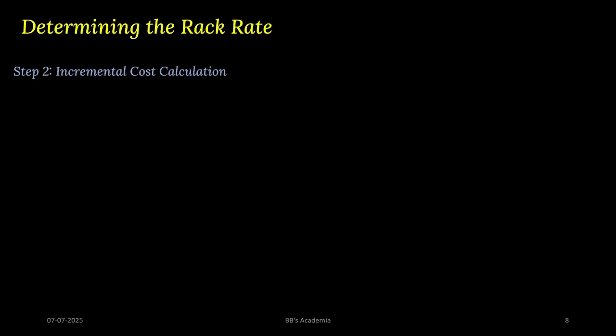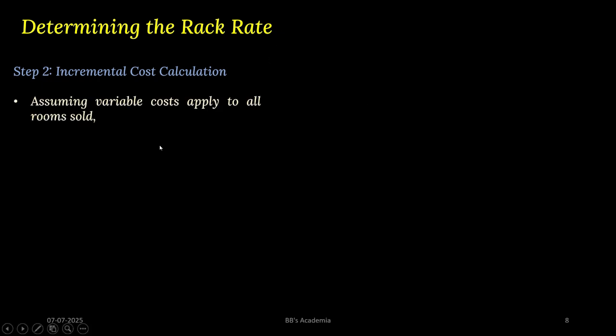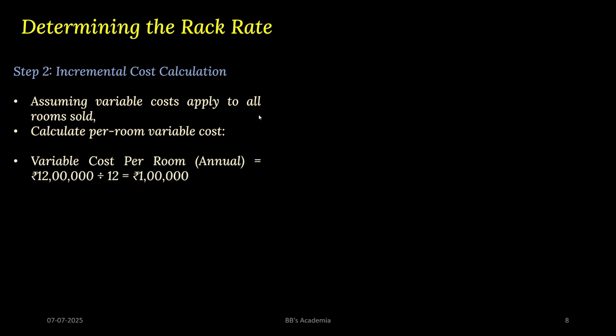Step number 2, calculating the incremental cost. Assuming variable cost applied to all rooms sold. Variable cost, I already mentioned, is 12 lakhs. Now calculating per room variable cost: 12 lakhs divided by 12 rooms, it is 1 lakh.